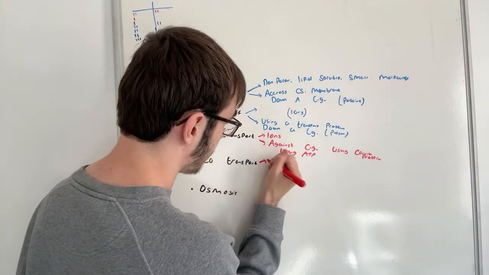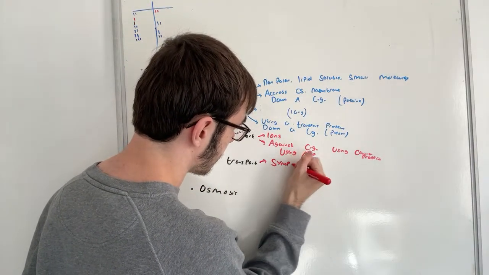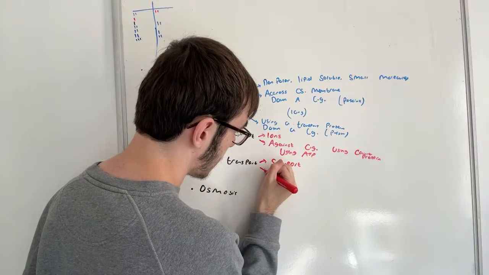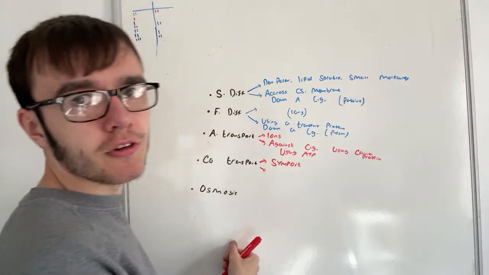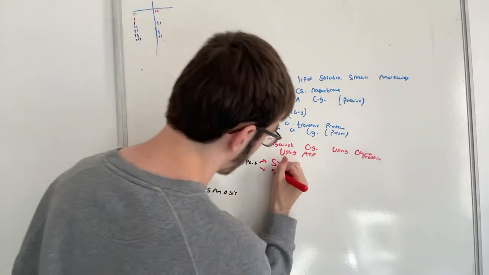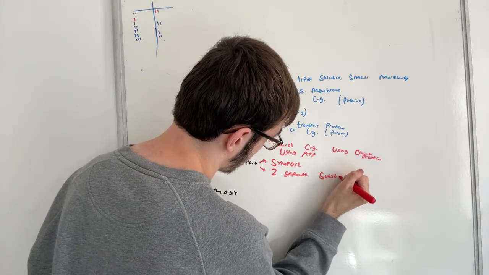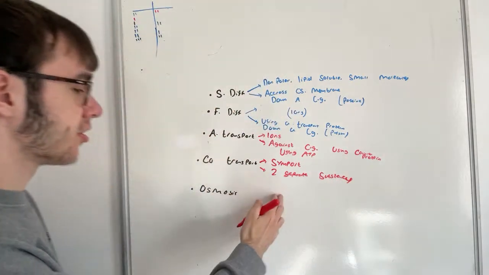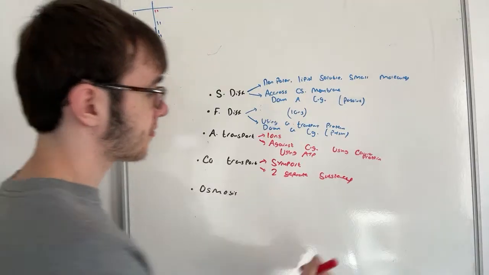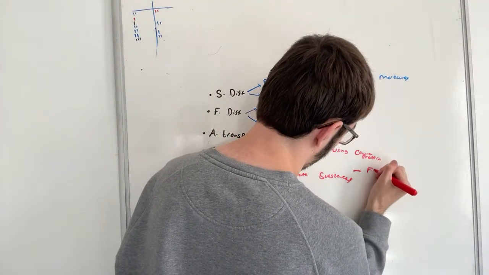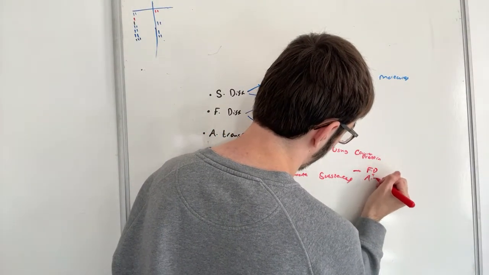Co-transport involves a symporter, and it is the movement of 2 separate substances. I don't know what else you would say there. Definitely the idea that it involves facilitated diffusion and active transport.